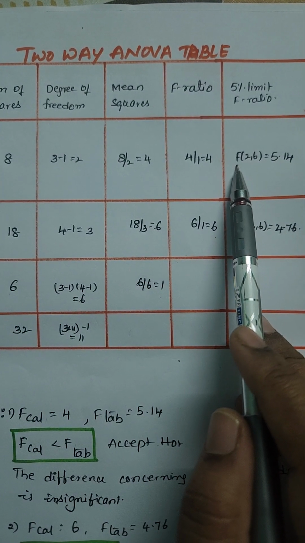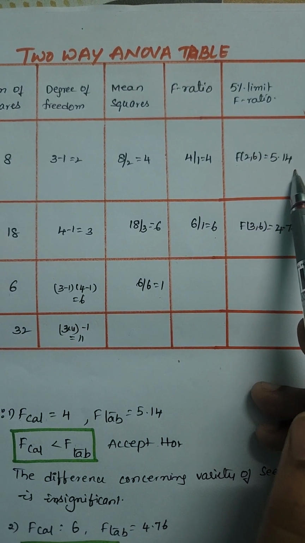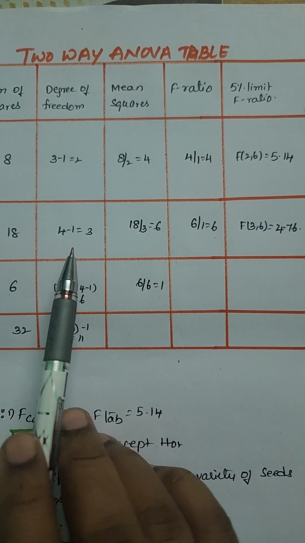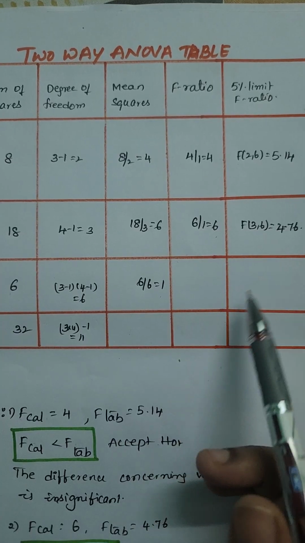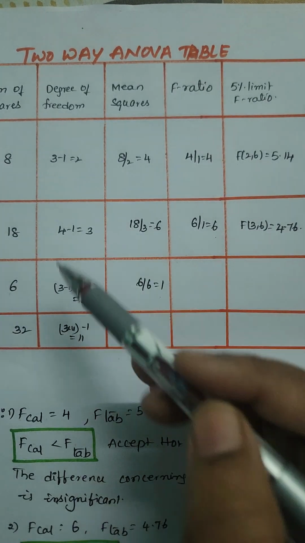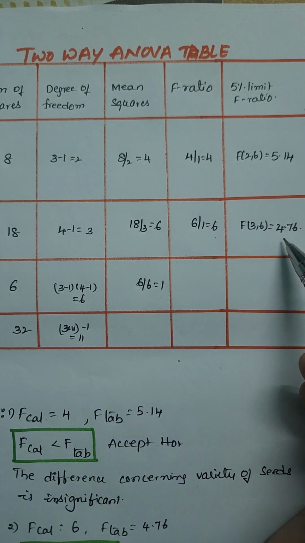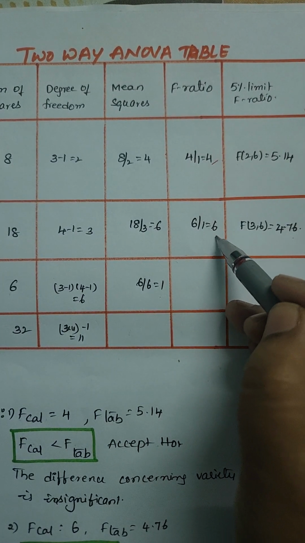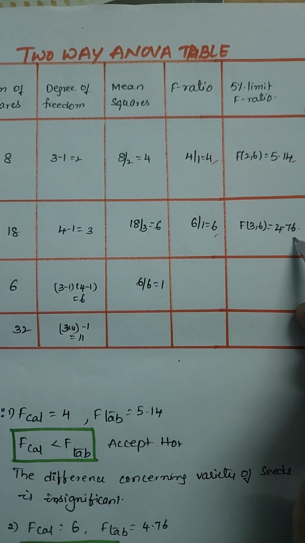The tabular F value for 2 and 6 is 5.14, and the F value for 3 and 6 is 4.76. These are the calculated values and these are the tabular values.